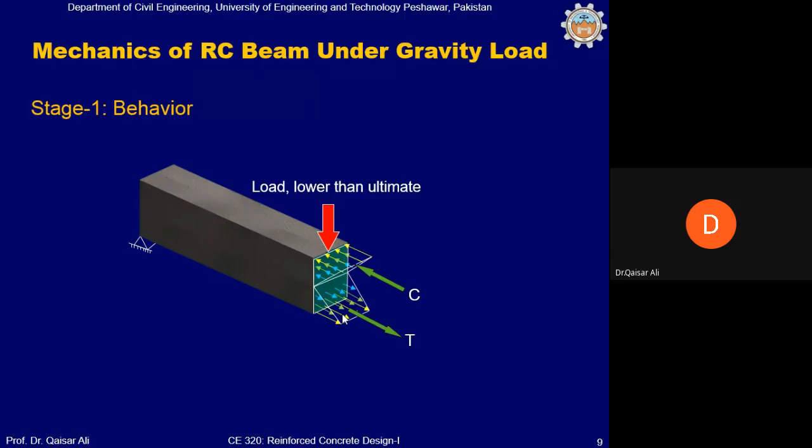Okay, so the variation of compressive stresses and tensile stresses both are triangular in shape. So this triangular shape of the stresses can be represented by a compressive force in the upper part of the beam and tensile force in the bottom part of the beam. You would have done such things in your mechanics of materials courses.